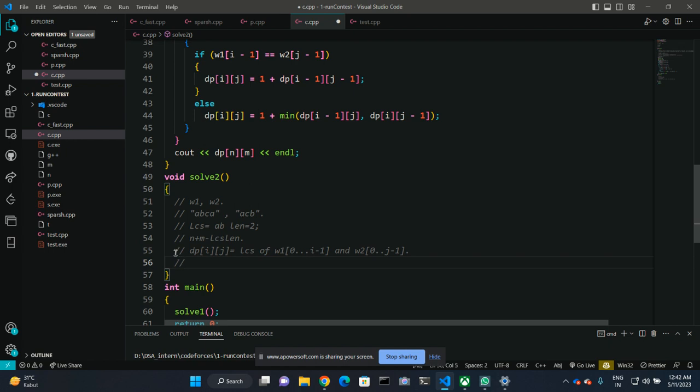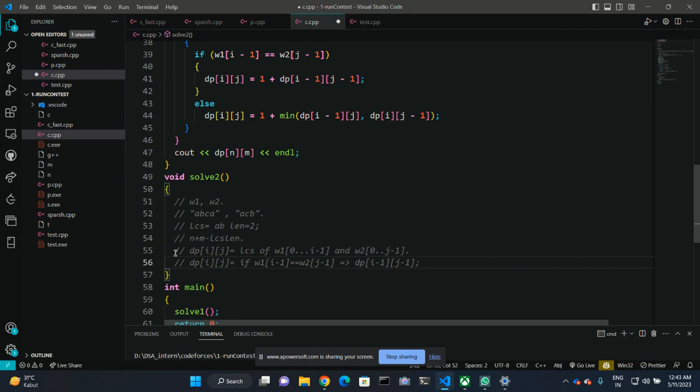Assuming previous values are already calculated, calculate dp of I, J. If W1 I minus 1 equals W2 J minus 1, then this will be dp of I minus 1, J minus 1 plus 1.